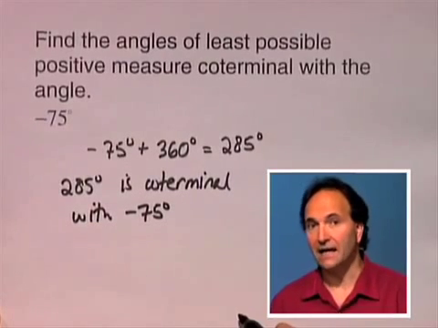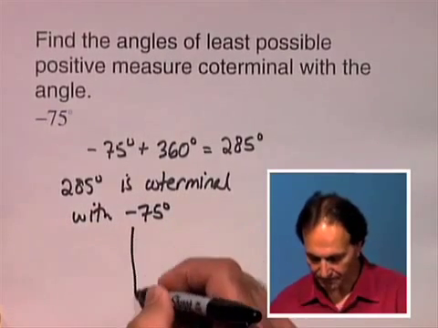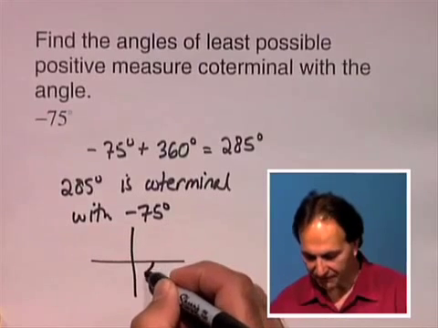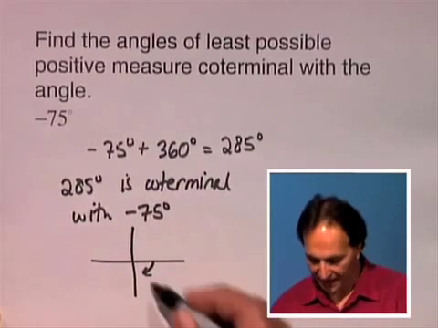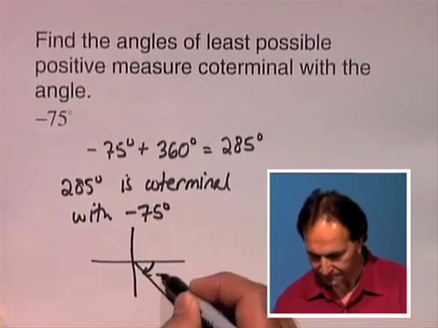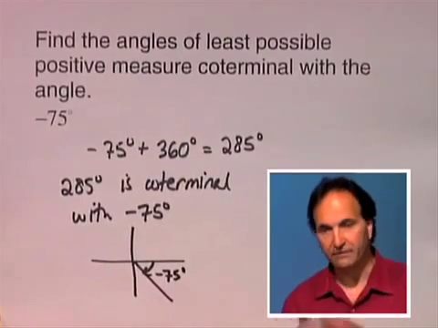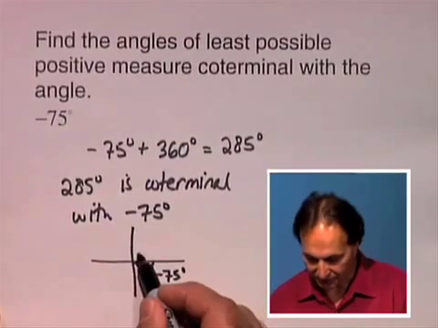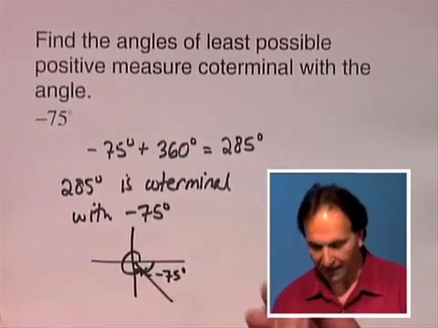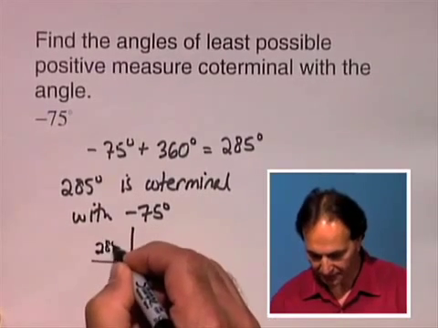Just to give you an idea of the picture of this, negative 75 degrees would go like that, approximately. Negative 75. 285 degrees would come around this way, 285 degrees.